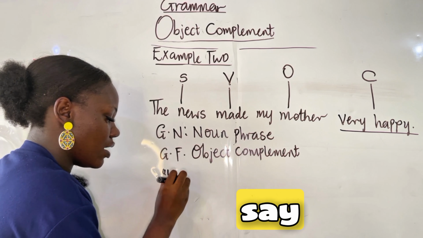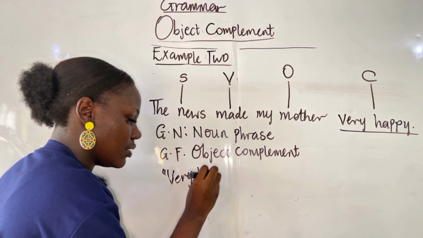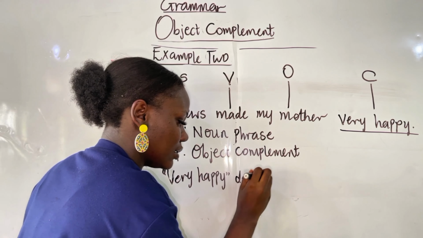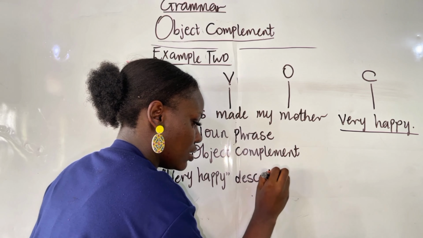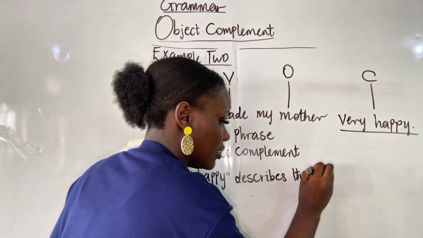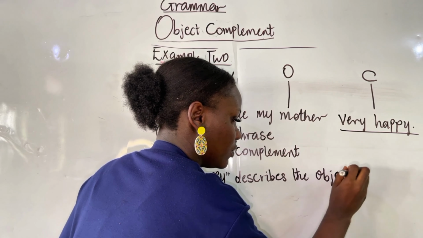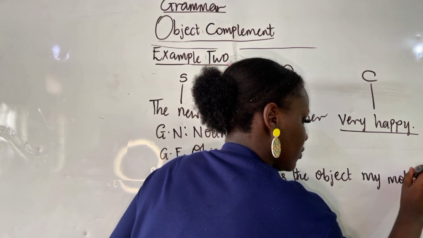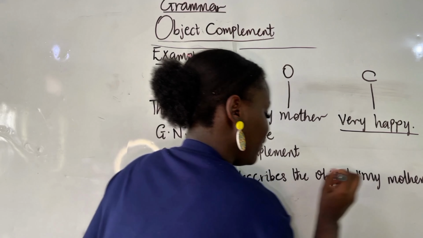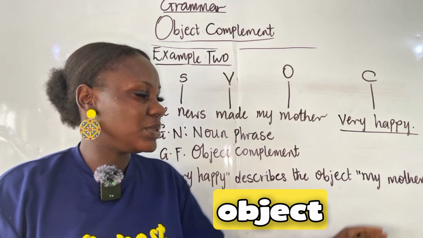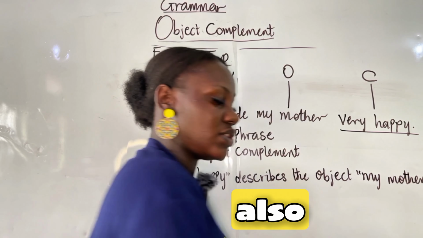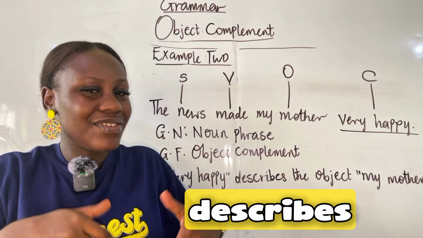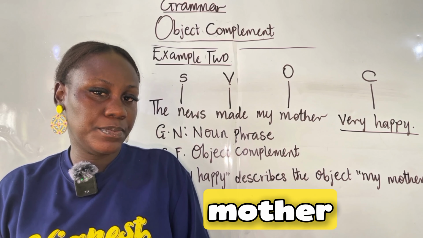So we say very happy describes the object my mother. It also shows us the state of my mother.